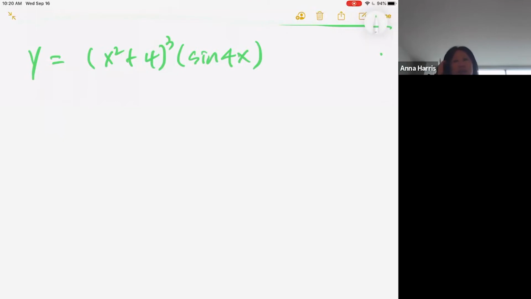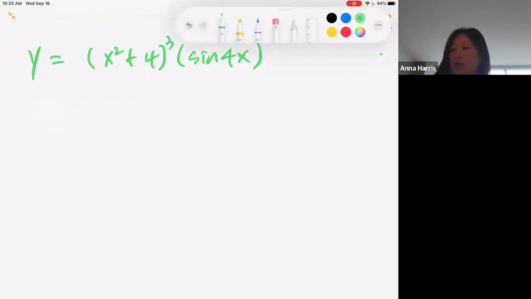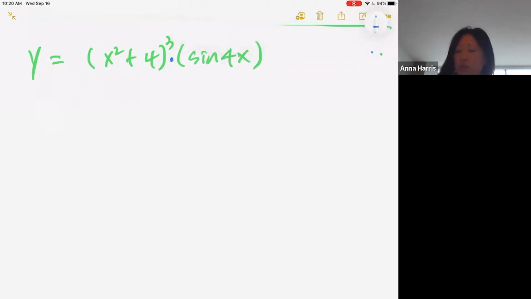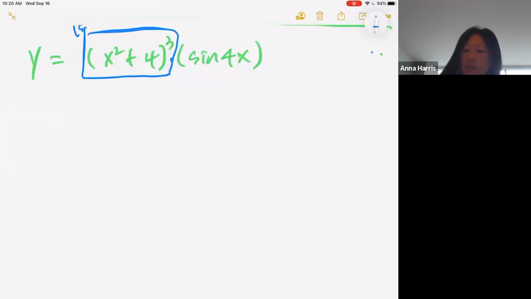So if I give you this problem, does everybody see this is definitely product rule? Because I see two functions. Here's the first function. And then what? Here's my second function.